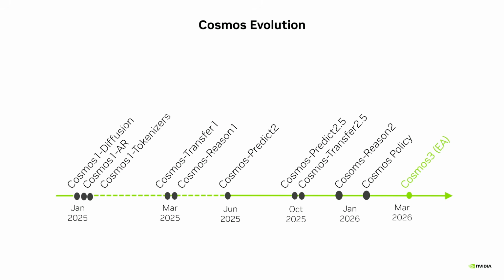We also released the tokenizers. In March, we released Cosmos Transfer 1, the first transfer version, and Cosmos Reason 1, the first understanding version of Cosmos. In June, we released Cosmos Predict 2, a better diffusion-based backbone for generation.